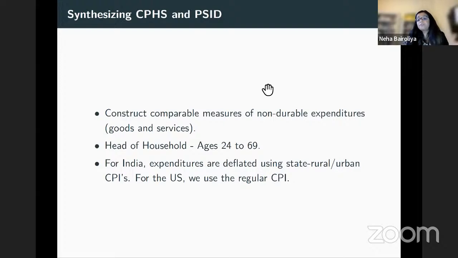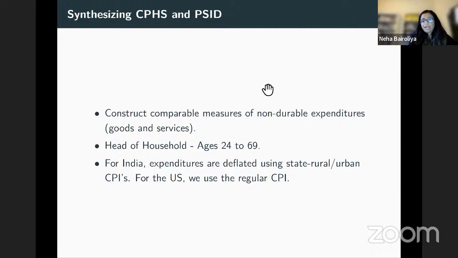So we're going to be very careful to be very consistent between the two surveys in terms of what measures we're looking at for expenditure categories. Like I mentioned, it's going to be all non-durable expenditures on goods and services. Even though PSID reports some durable expenditures, we are going to net them out from total expenditures to be consistent.